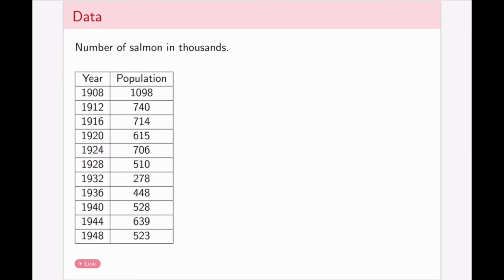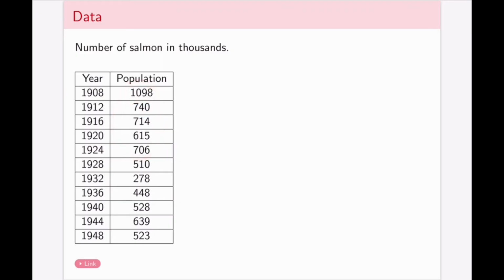So what we would like to do as mathematicians, of course, is to be able to predict these numbers into the future. So for example, if you tell me the size of the population in 1 year, based on the previous data and my general knowledge of how salmon reproduce, how can I predict the number of salmon the following year? So what I did was simply take these numbers and come up with a mathematical model.